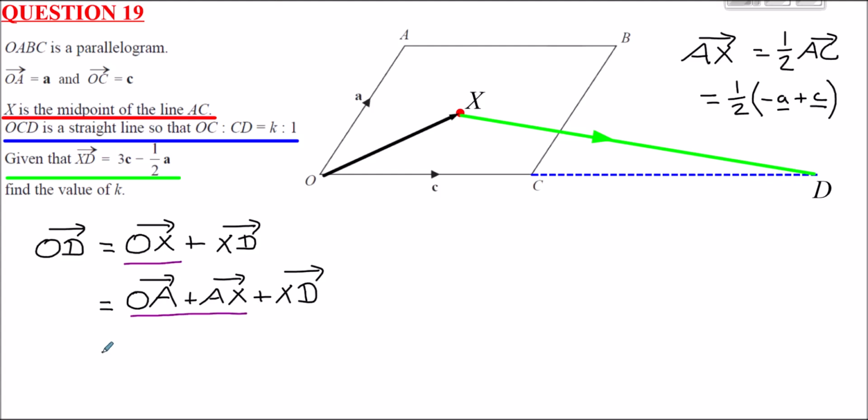From O up to A, that's just vector A. Then the vector from A to X, I've just worked out what this is here. So it's A, then plus half of minus A plus C. And then XD, we've been told XD is 3C minus a half of an A.